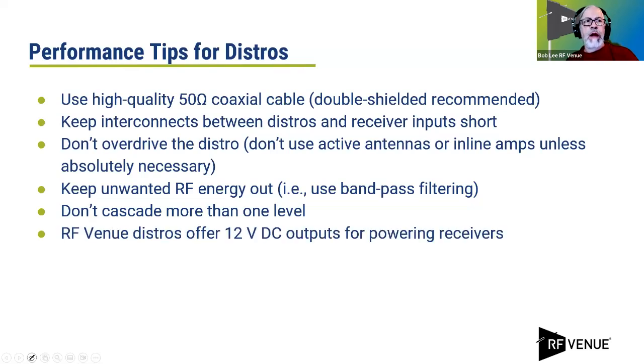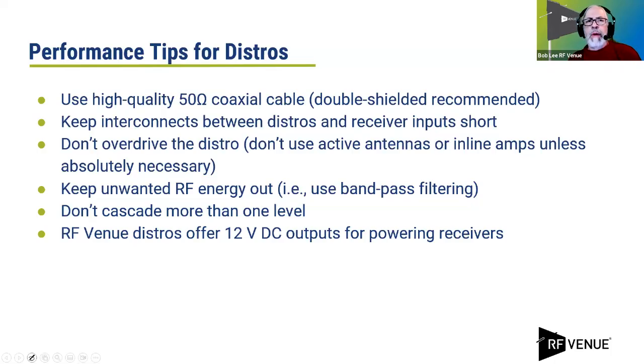Also be aware that RF Venue distros offer 12-volt DC outputs for powering receivers. It's a housekeeping tip, because it can keep the back of your receiving rack neater if you just power everything off of the distro.